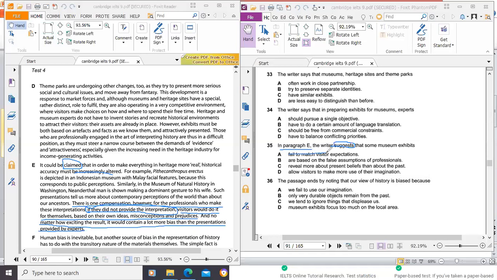To match visitors' expectation, is that it? No. Exhibits fail to match. Yeah, exhibits are based on the false assumption of professionals. Oh, okay. Exhibits reveal more about present beliefs than about the past.